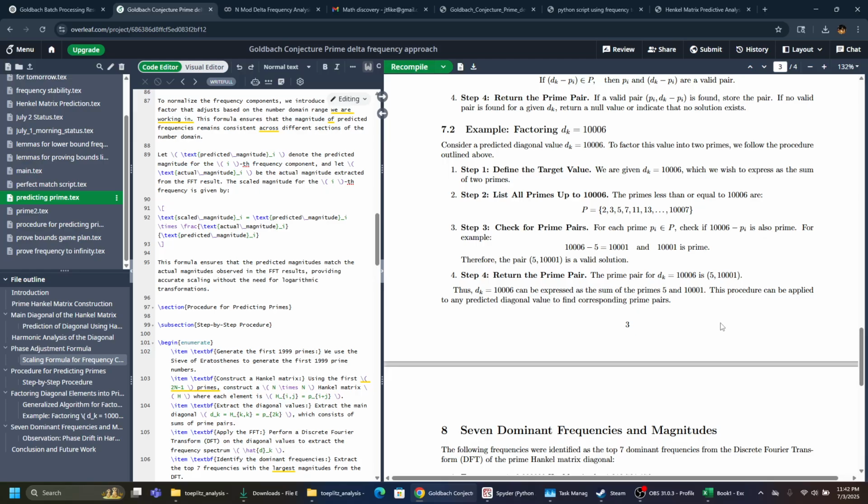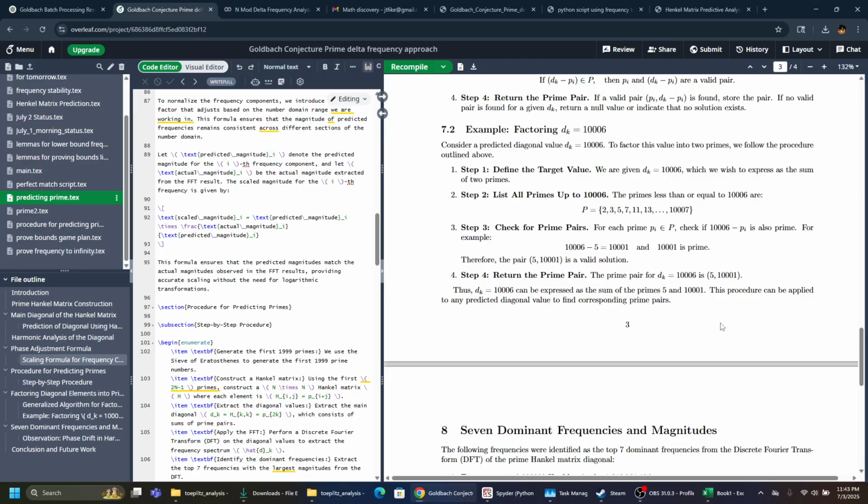So if you're trying to find an unknown prime number in the universe, this is my struggle, and if there's a mathematician out there that can help me, I'm not a mathematician. I would love the help. So if we create a Hankel diagonal at some really large number, beyond where the current known highest prime number is, there's got to be a way that you can derive the two numbers that were used to make that number.